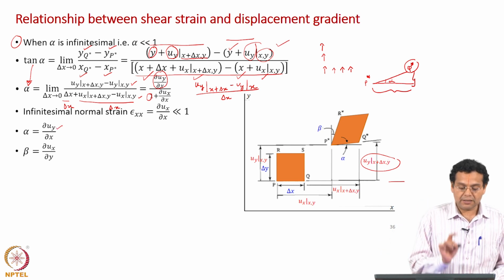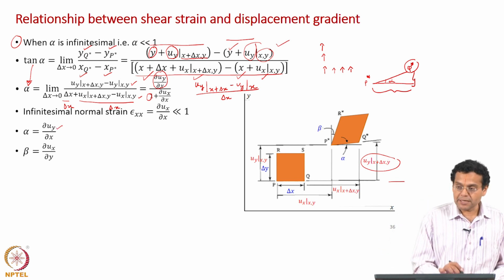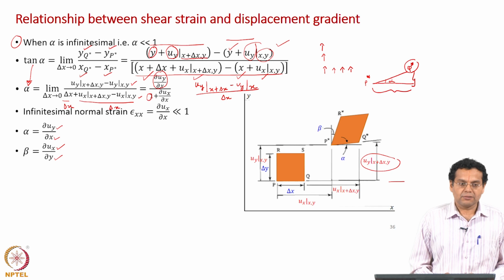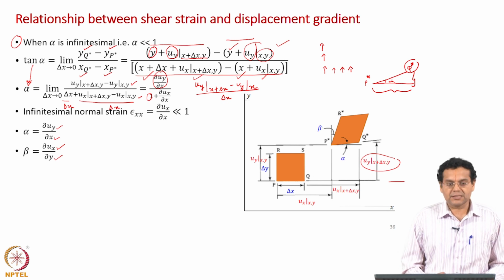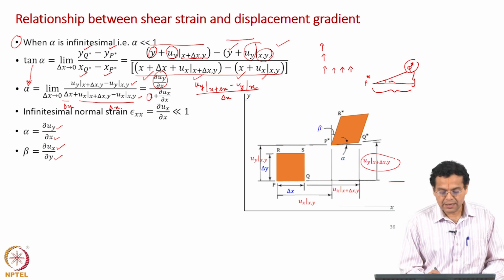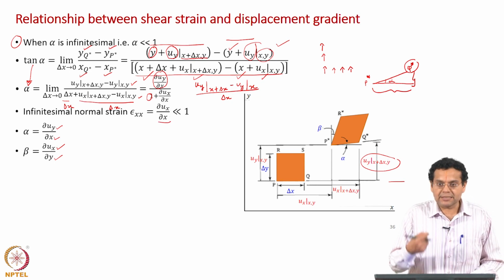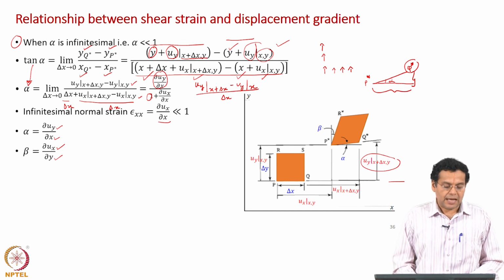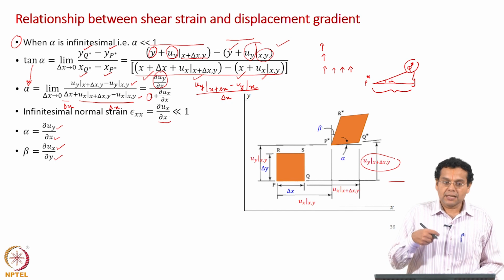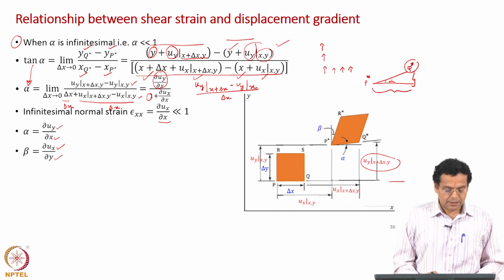For alpha, the displacement is along the y direction and the derivative is with respect to the x direction. Here for beta, the displacement is along the x direction, and the variation is along the y direction. They are the other way around, unlike the normal strain. In normal strain you are seeing the change of x displacement in the x direction, but for alpha and beta you are looking at y displacement along x direction, and x displacement along y direction.